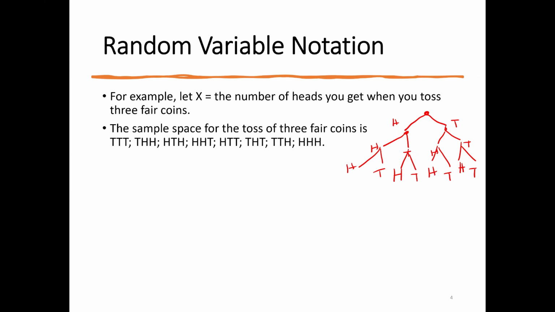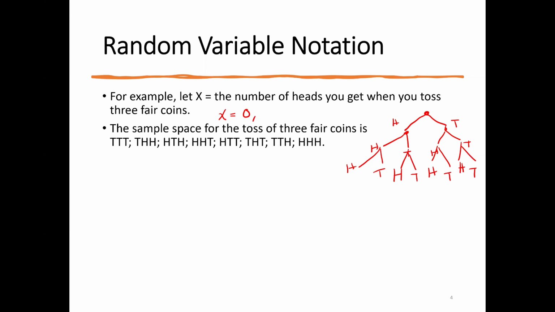Okay, so if X, the random variable, is the number of heads you get when you toss 3 fair coins, what numerical values can X take on? So little x could be that if you've tossed 3 fair coins, you don't get any heads. When the result of your experiment is tail, tail, tail, there are no heads there. So X could be the value 0.